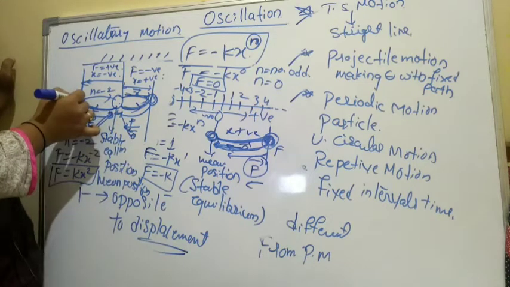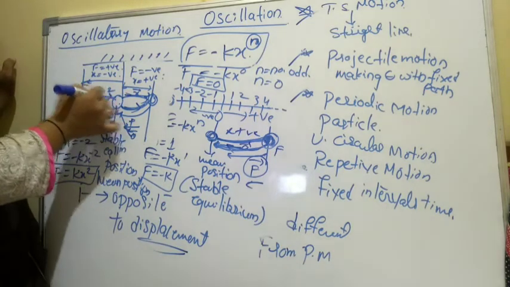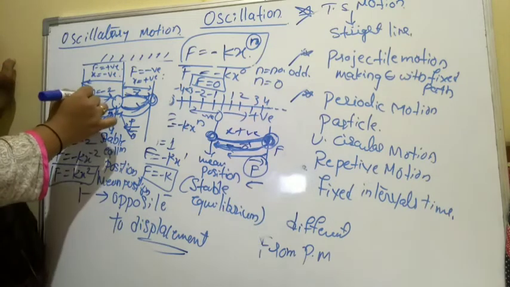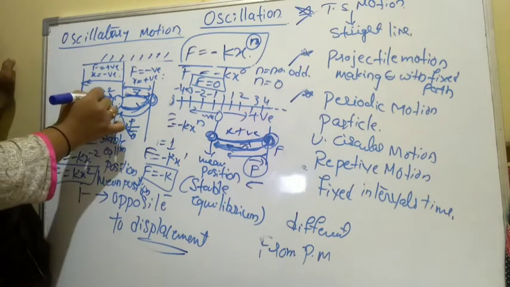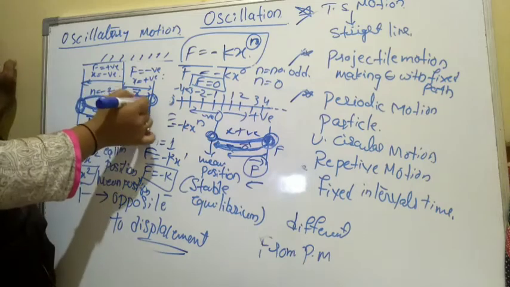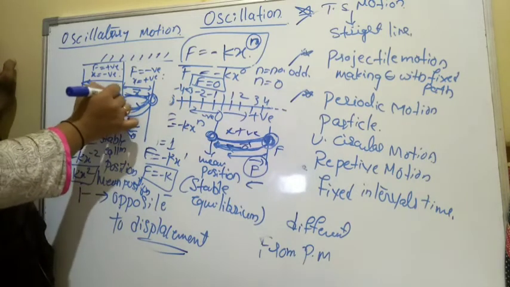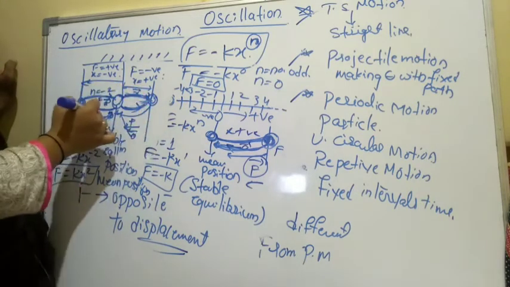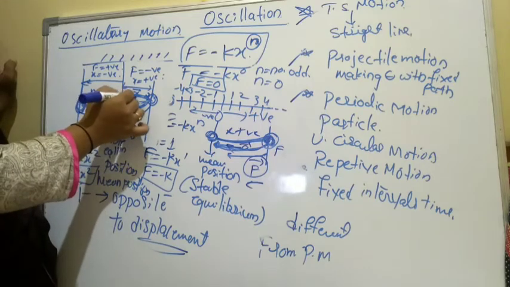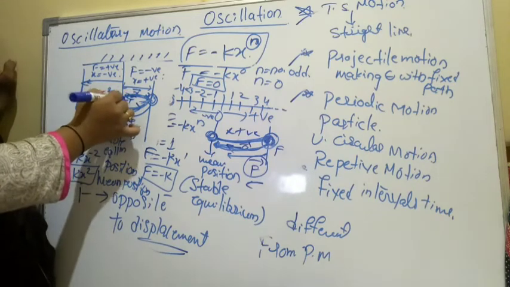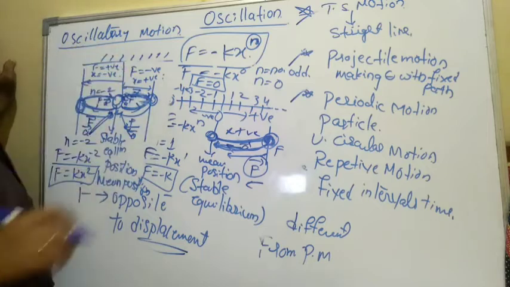So once it is moving here, again force is moving towards this direction. Force is there, acceleration is also towards the mean position. Here again moving towards the mean position, again it is moving to the next extreme position. Force is there, moving towards the mean position, and acceleration, displacement is on this side.